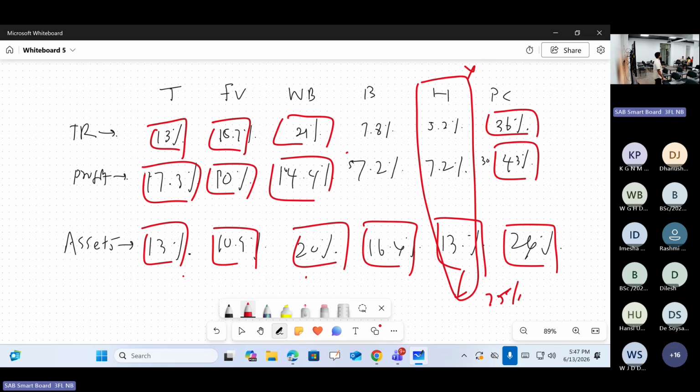Calculate the external revenue, then calculate the 75% rule. Out of 50 external revenue, 25. Then 32.